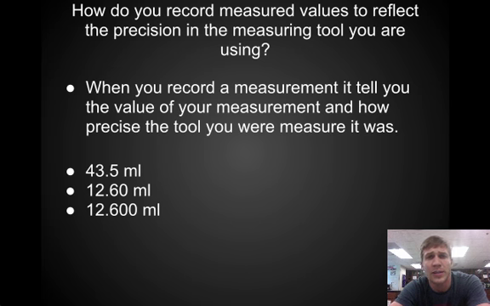They were able to estimate out to further values, to the hundredths of a milliliter rather than tenths of a milliliter. If we look at the third value, 12.600 milliliters, you may be thinking to yourself, 12.60 and 12.600 are the same value. And that's true, they are the same value, but that third measurement, 12.600 milliliters, was measured using a more precise tool.